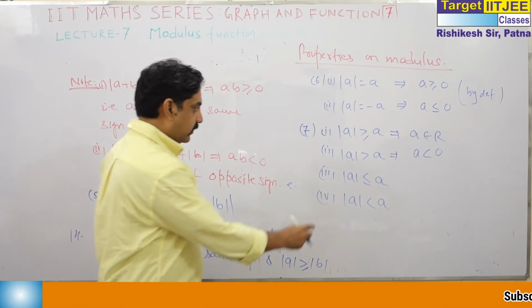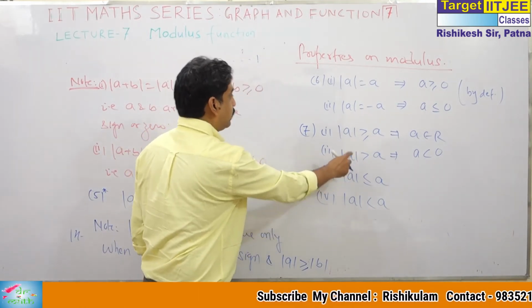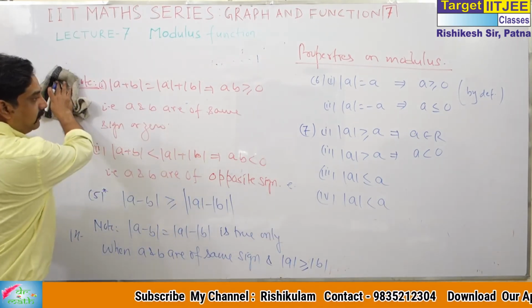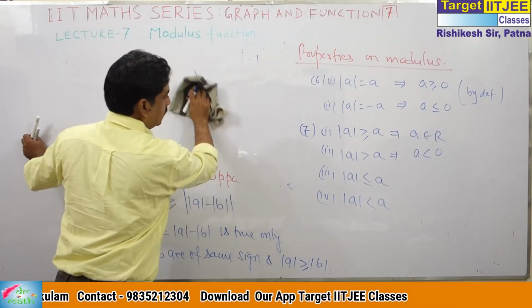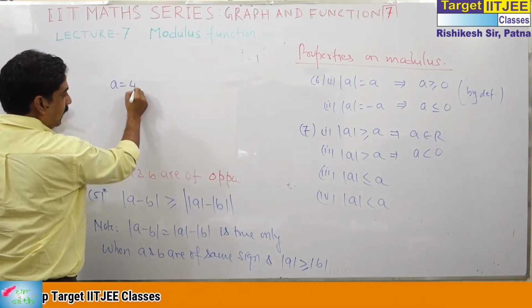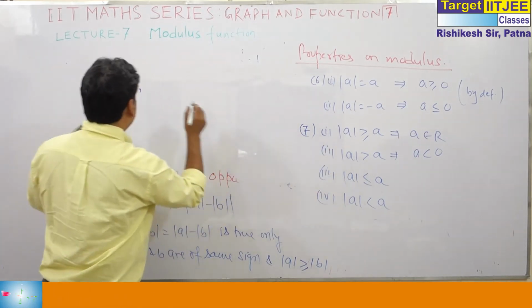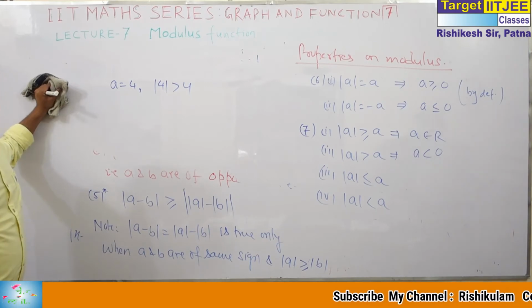Now, first of all, try to understand this one. Take A is equal to 4: mod 4 is greater than 4 is false.